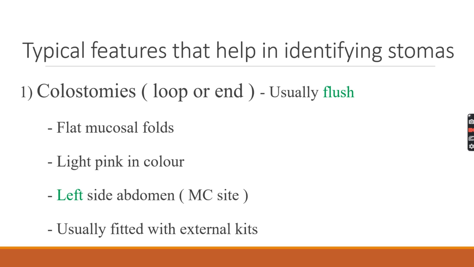Then come the colostomies, loop or end again. The opening is usually flush type, as in the gastrostomy and jejunostomy, with flat mucosal folds. The color is usually light pink. Most of the time, colostomies are situated over the left side of the abdomen, the most common site. Again, they are usually fitted with external kits, right?